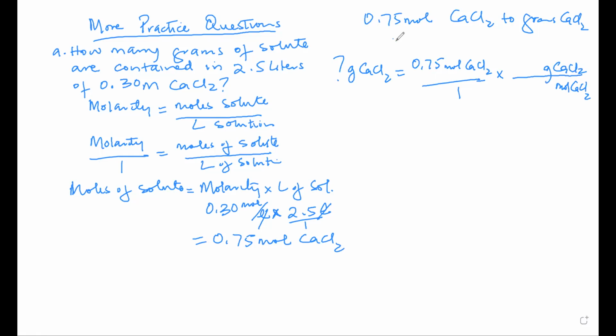So we use 1 mole equal to molar mass. The molar mass of calcium chloride is 110.98 grams over 1 mole. We cross this out, and we end up with 83 grams of calcium chloride.